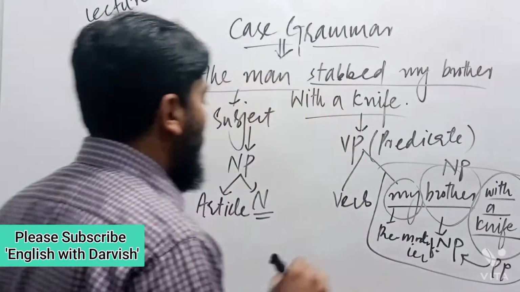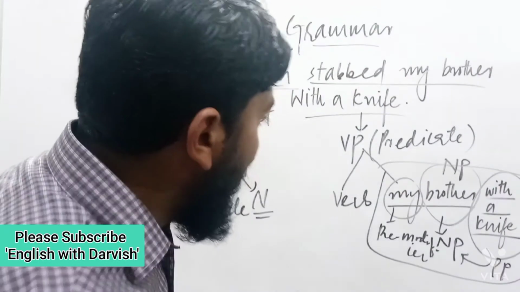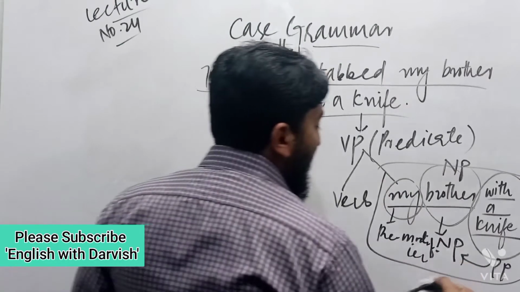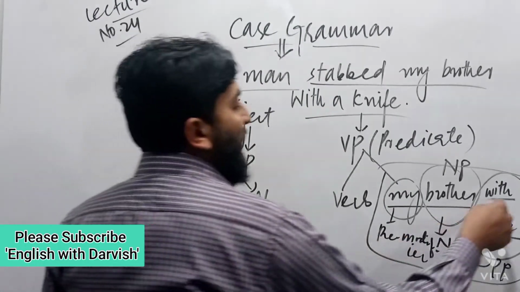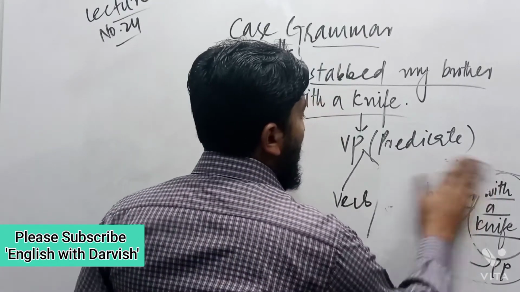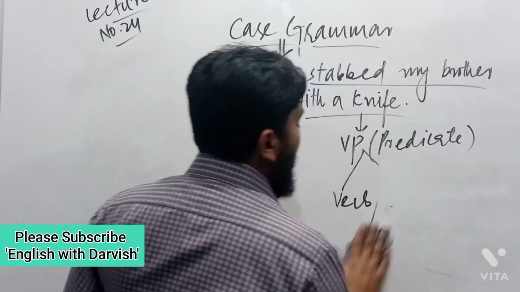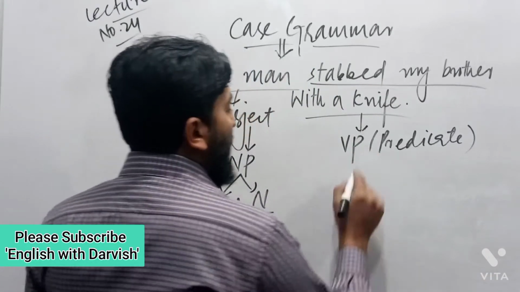But when I say that, no, I want to get the same phrase in this way. If I take it as a combined phrase in the noun phrase, this shows that with a knife is with my brother. But if I take it like this, that the predicate is divided into 3 phrases, the first one is the verb phrase.